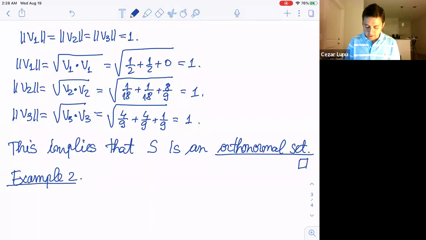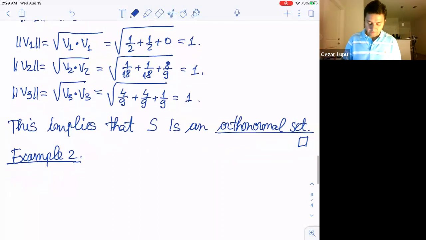Let me remind you that last time I talked about the space of continuous functions, the vector space of real valued continuous functions defined on a closed and bounded interval. And we've worked through examples with C[0,1], the space of all real valued continuous functions defined on the closed interval [0,1]. And now what we're going to do is the following.